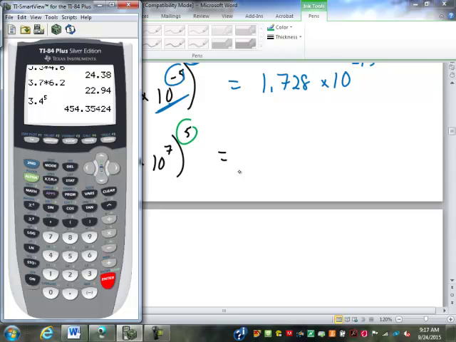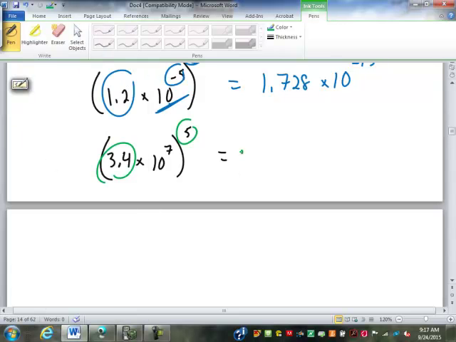That is 454.35424. Times 10 to the, 7 times 5 is 35. But we're not done yet. We've got to move the decimal point over to here. 4.544 is probably what we'd round that off to after a few decimal places.